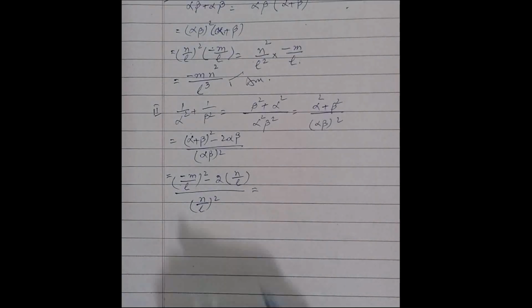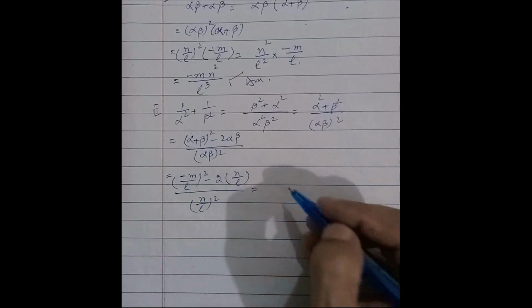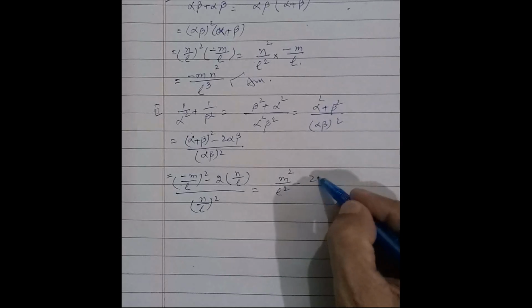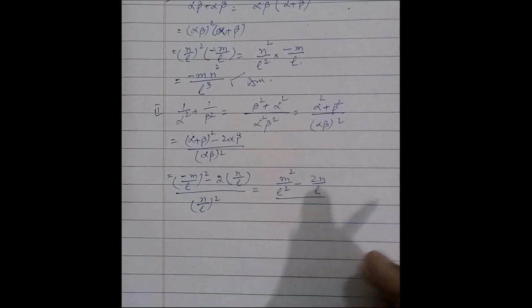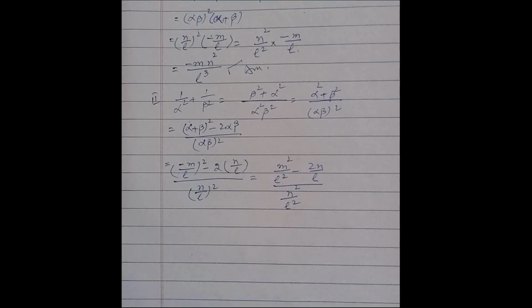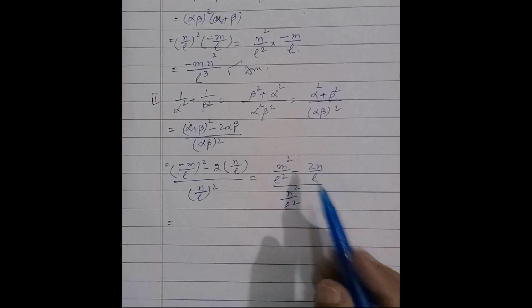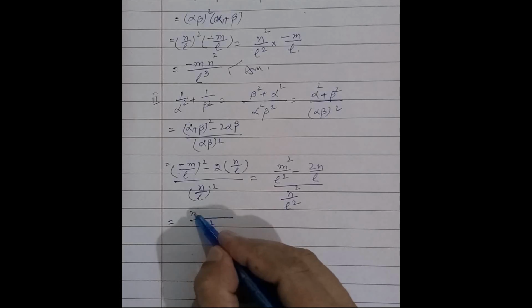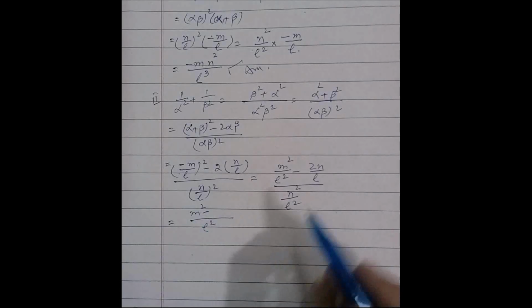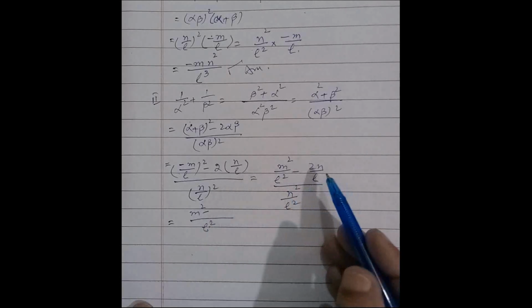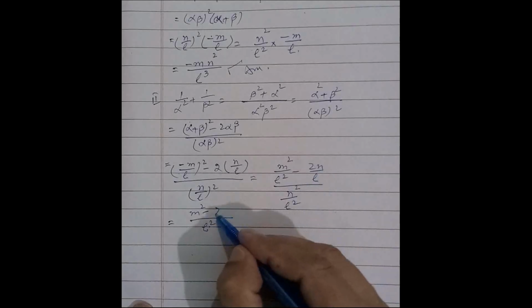Now simplify these values. Minus m over L whole square is m square over L square minus 2n over L, over n square over L square. Now we further simplify these values. We take LCM of these two values, which is L square, and this is m square minus L divided by L, we get 1 L, and 1 L is multiplied by 2n, we get 2nL.